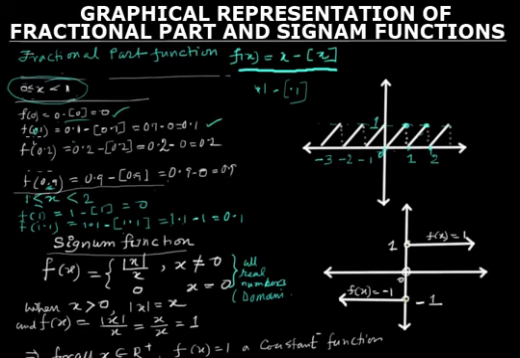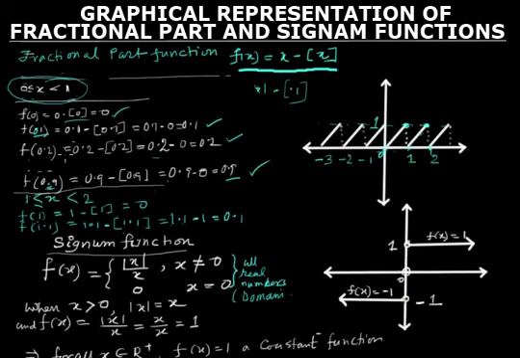So when x is 0.1, y is also 0.1. If x is 0.2, then 0.2 minus box 0.2, and box 0.2 is 0, so it is again 0.2. If it is 0.9, the value is 0.9.